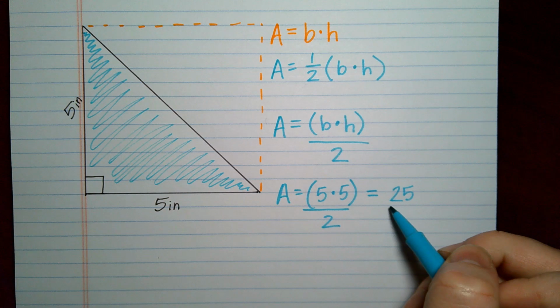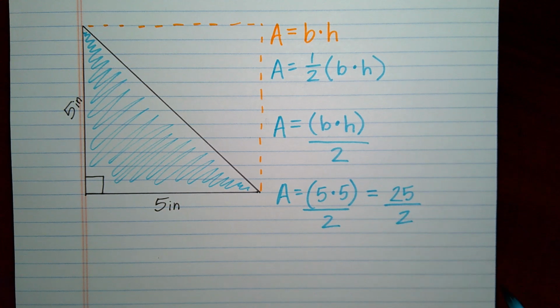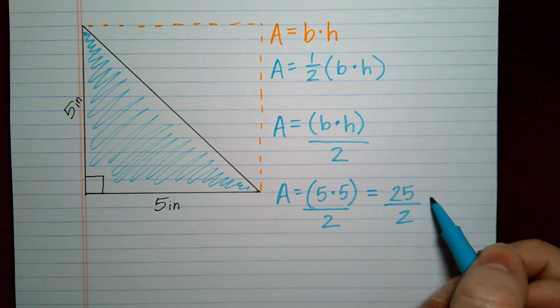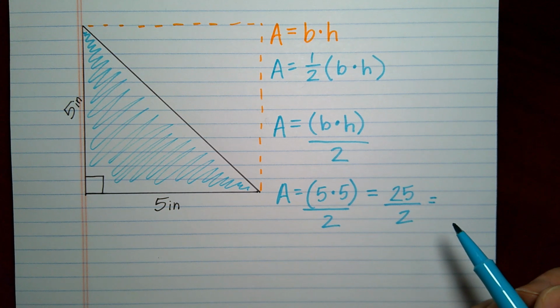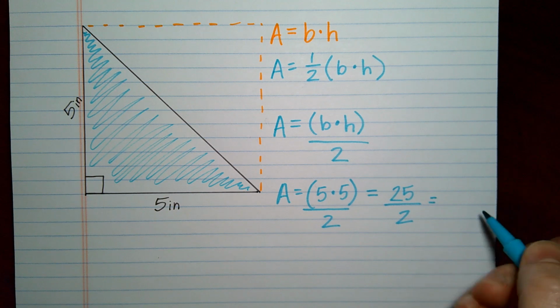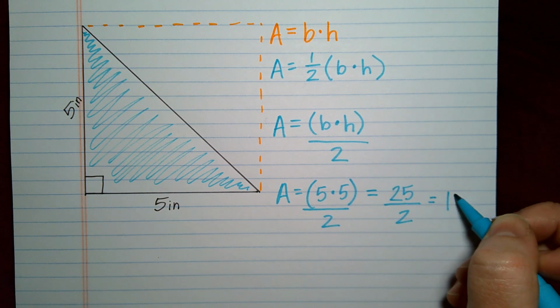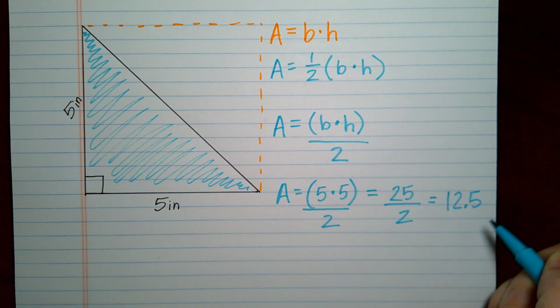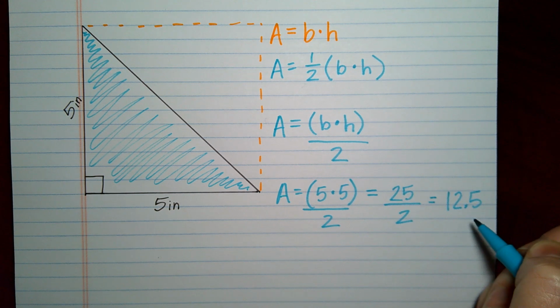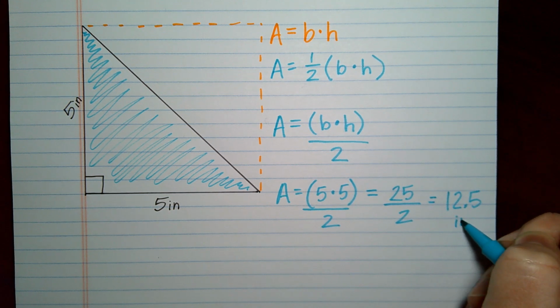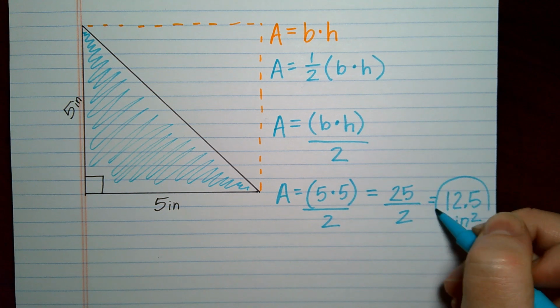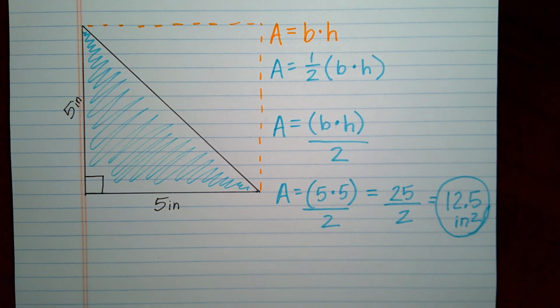I promise you are not the only one to make that mistake. Now we just need to find 25 divided by 2. And what is that? Like 5. Perfect. 12.5. I didn't give myself quite enough room, but it'll still be inches squared. 12.5 inches squared. There you go.